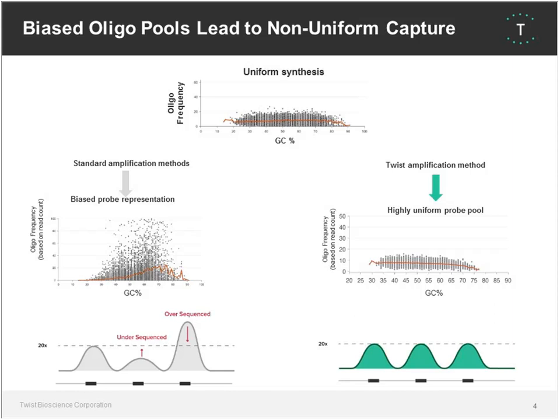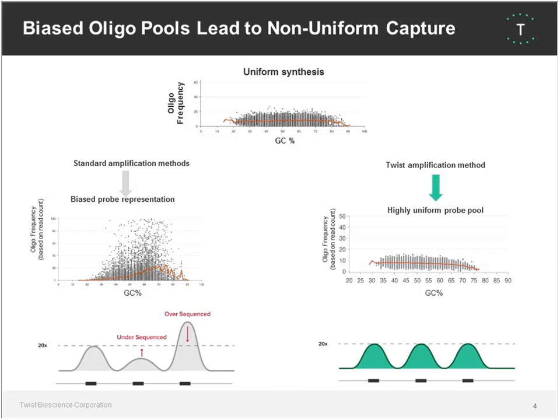This is the stage at which you can start introducing bias into your pool, because the amplification process is dependent upon the GC content of a given oligo or oligo set. The bias can then translate into non-uniform sequencing off your sequencer.